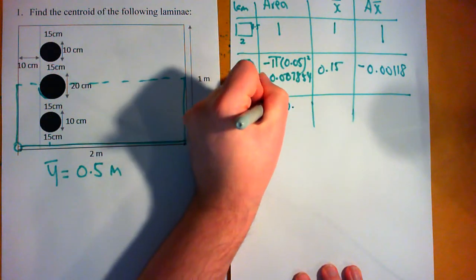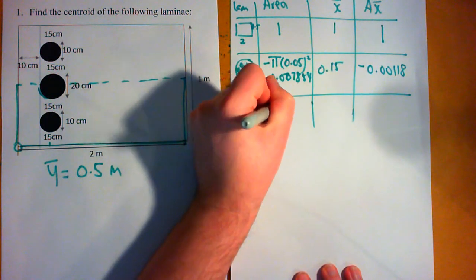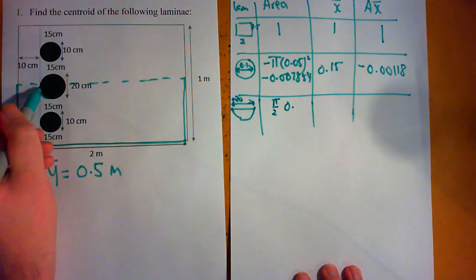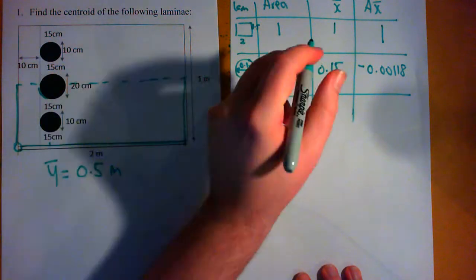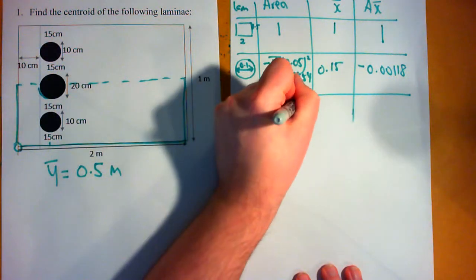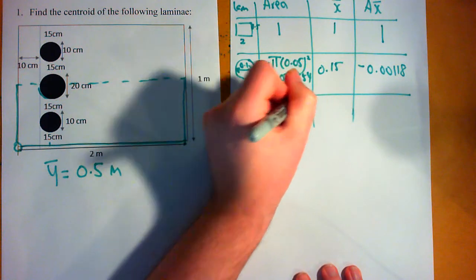So pi r squared for a full circle. We're dividing by 2 because we're only working out the bottom half of this hole, because we're finding the x bar for the lower half overall. So that's pi over 2 times 0.1 squared.